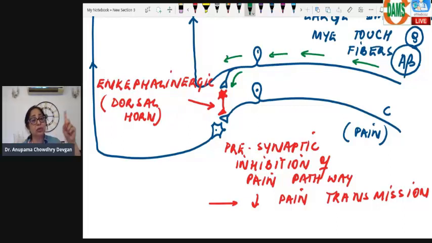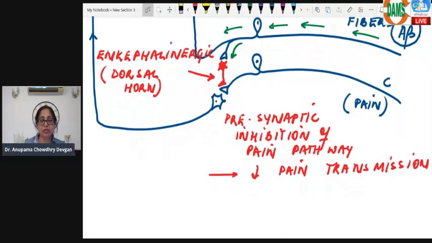I told you a little earlier, presynaptic inhibition causes a decrease in transmission. It cannot abolish the pain, but it definitely decreases the pain transmission. This is as far as the gate control theory is concerned.